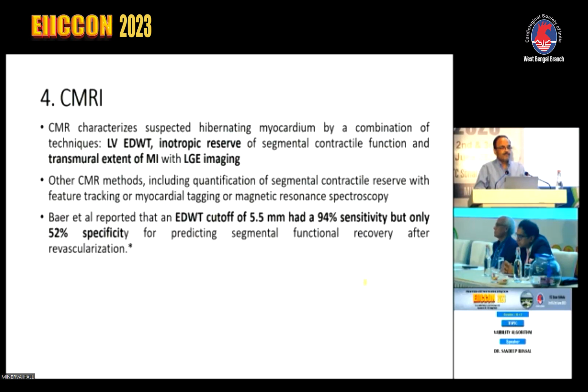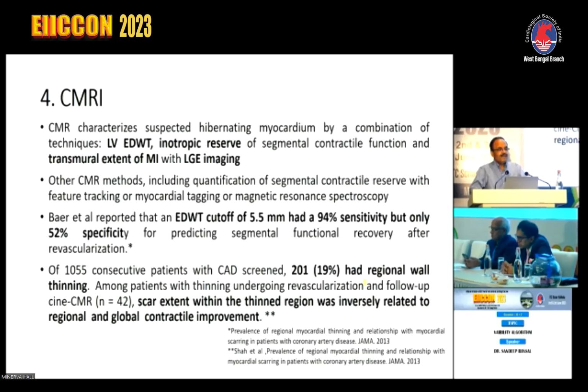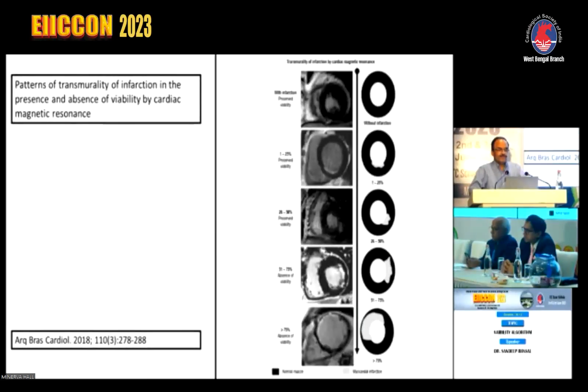As far as the magnetic resonance imaging is concerned, again, the cutoff here, because it is a more sensitive parameter, is not 6 millimeters, it is 5.5 millimeters. And again, this is being used in many areas, as we see here.